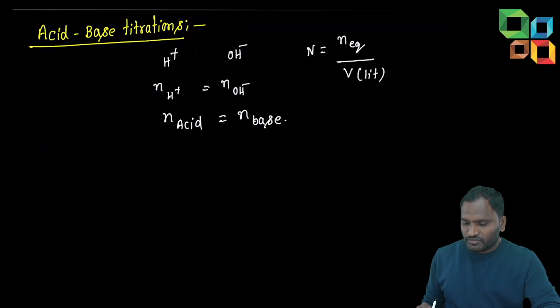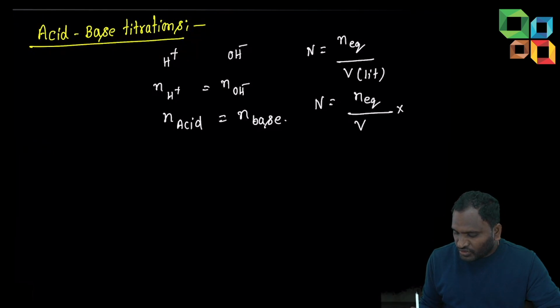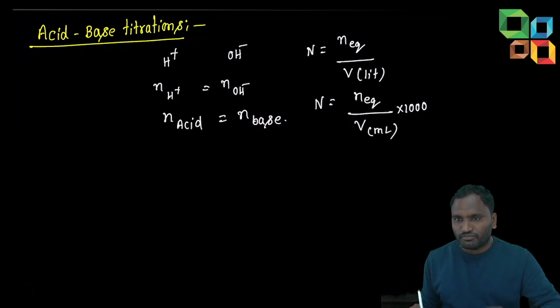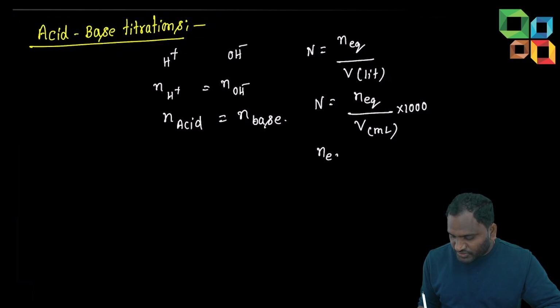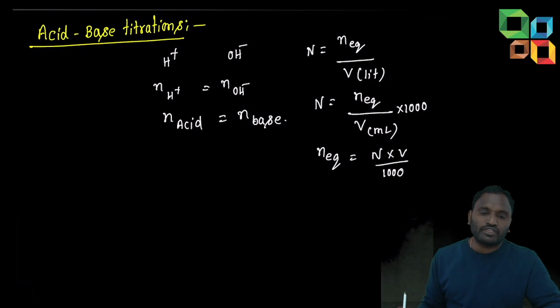Otherwise, N is equal to the number of equivalents of solute upon V into 1000 if you want it in terms of ml. So from this, the number of equivalents is equal to N into V by 1000.